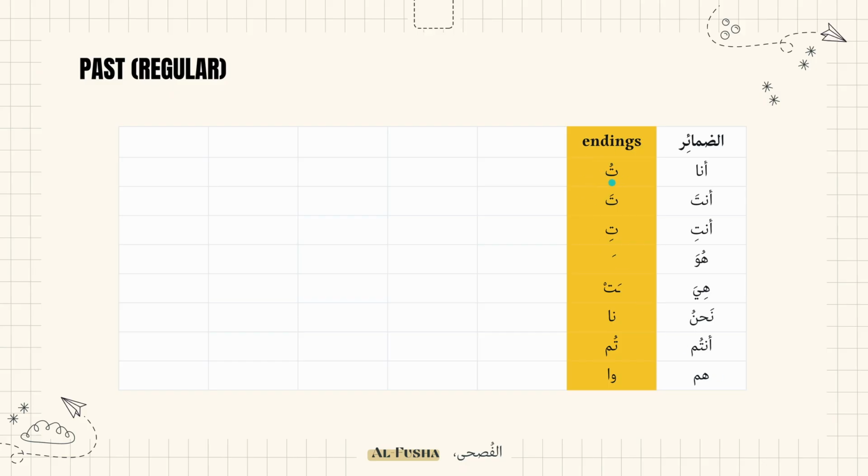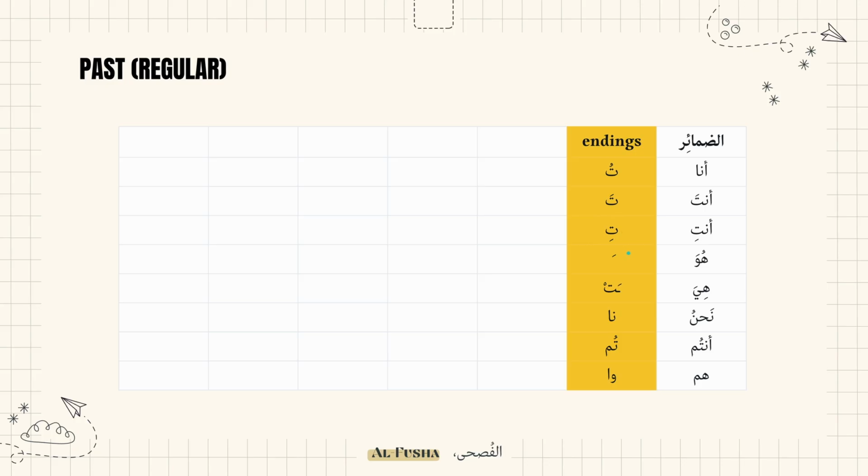So you're going to say, ana sharibtu. For you male, you say, anta sharibta. You female, anti sharibti. Okay, so you're going to put the endings here: tu, ta, ti.